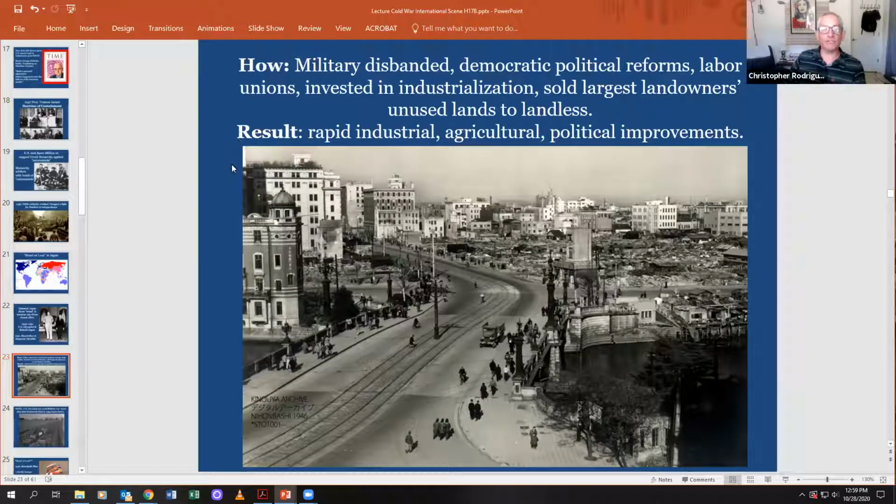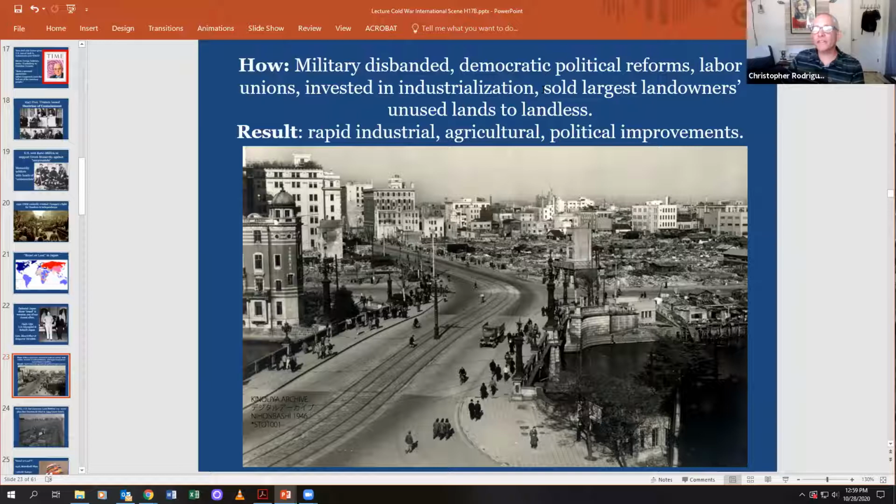Labor unions were recognized, right? The federal government recognized labor unions just like in the United States. There was huge investment in industrialization. And this led to the Japanese economic boom, and we still have Suzuki, Toyota, and Nissan as the result of that, right? Japan is like the third or fourth largest industrial nation still today.